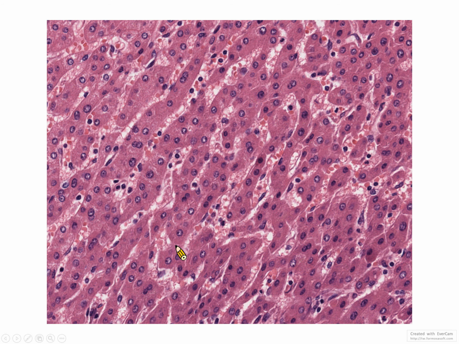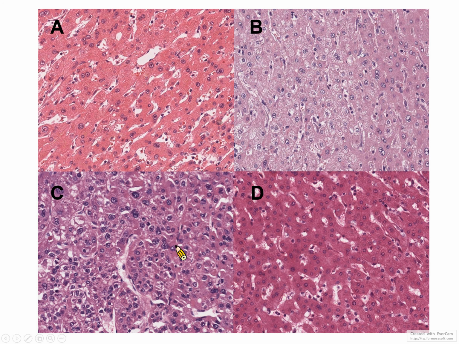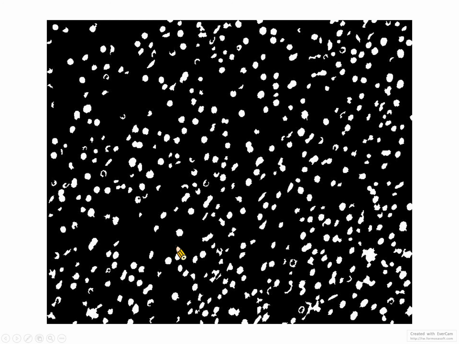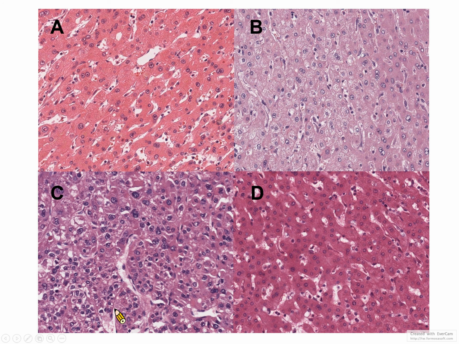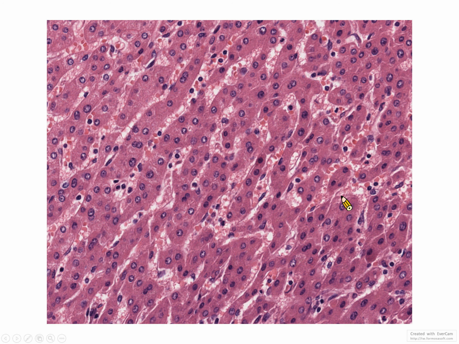So this one is a hepatoma image, which is the liver tumor, but the others are normal. So how to differentiate tumor and normal is a challenge, but I'll show you in these slides.